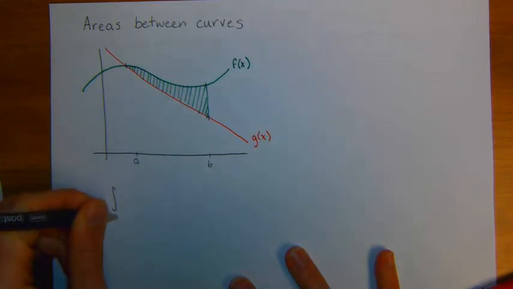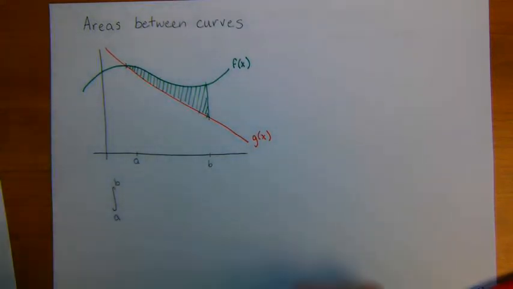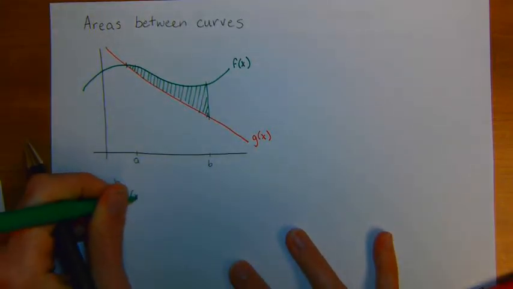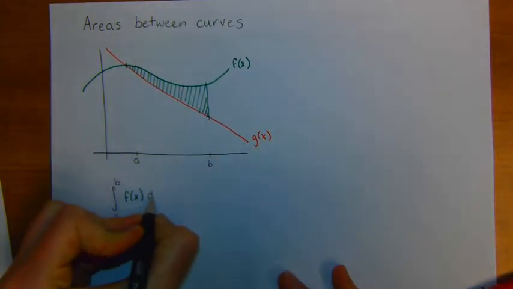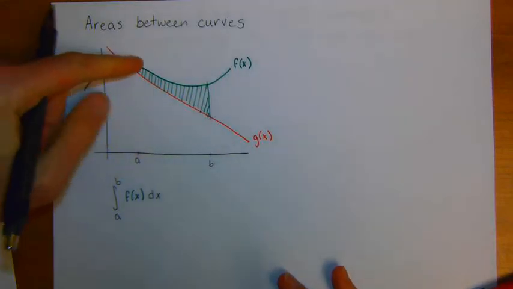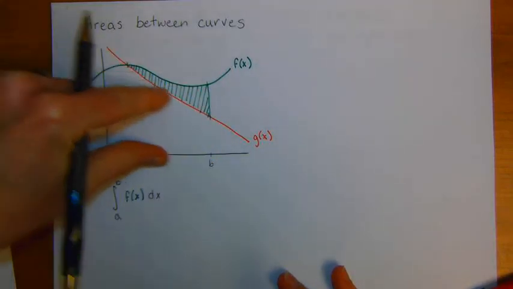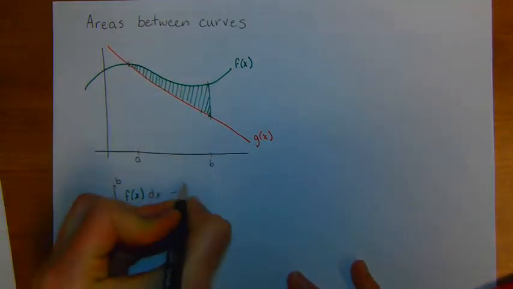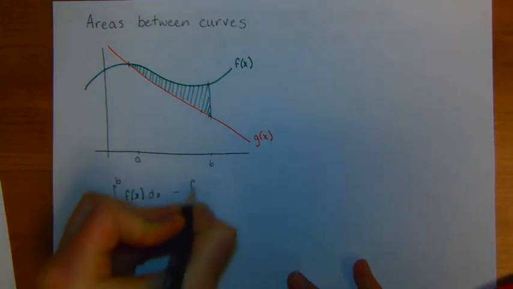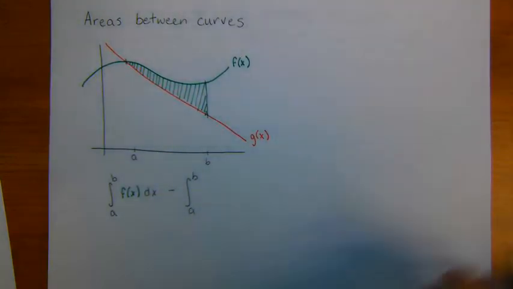So symbolically, we can compute this by saying, I want to know what is the area under the top curve. That's the integral from a to b of my f of x curve. But that would be this whole area, and I want to subtract out the area under the bottom curve. So that's the integral from a to b of my g of x curve.